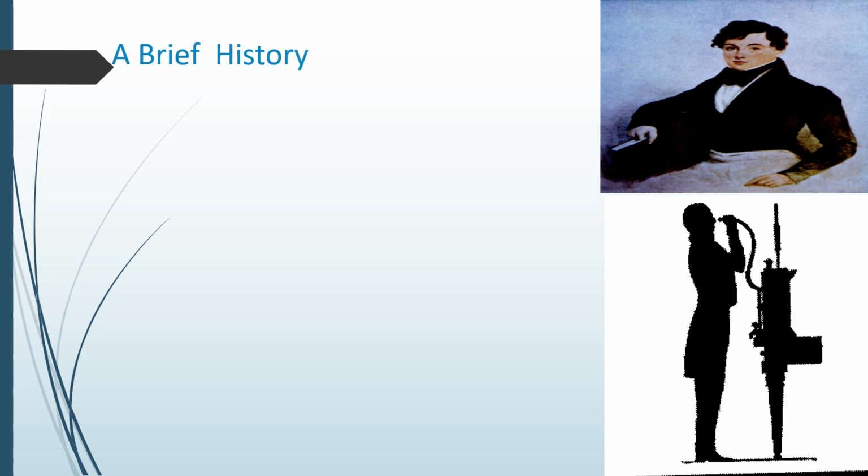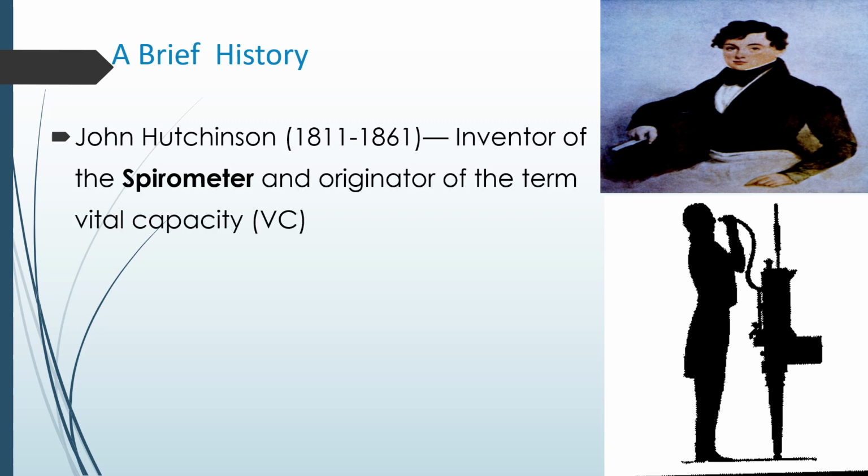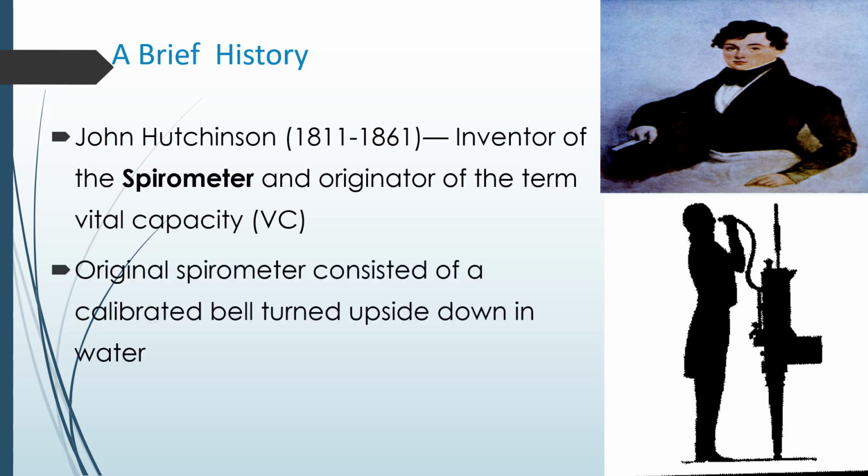Let us see some brief history. John Hutchinson is the inventor of the spirometer and the originator of the term vital capacity. He is the one who coined it. The original spirometer consisted of a calibrated bell turned upside down in water.